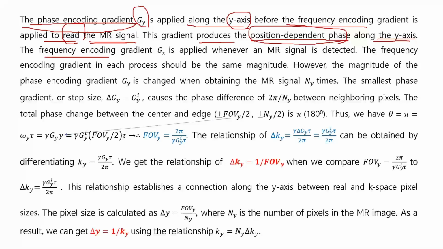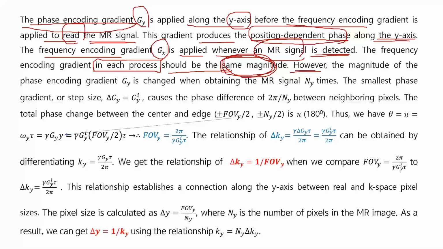The frequency encoding gradient Gx is applied whenever an MR signal is detected. The frequency encoding gradient in each process should be the same magnitude. We use the same slope of the frequency encoding gradient to read the signal.